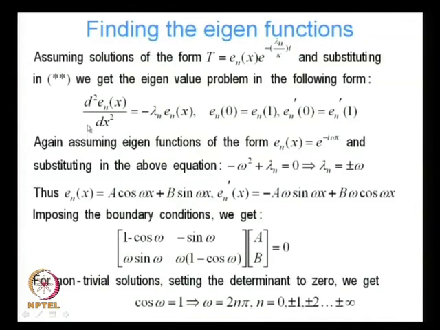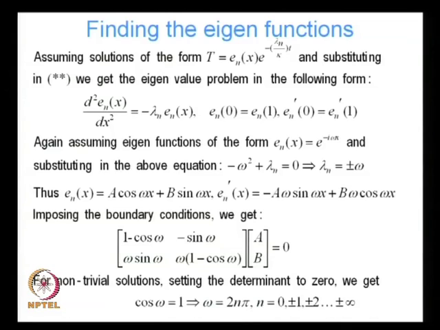We have seen that this is an eigenvalue problem: I have a linear operator and some constant times the same function. So, this is of the form of an eigenvalue problem where lambda n is the eigenvalue, and I know the solution of this equation is of this form.